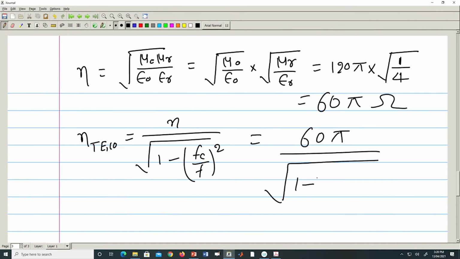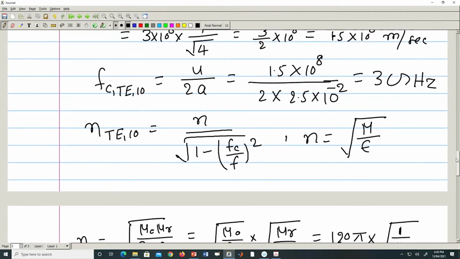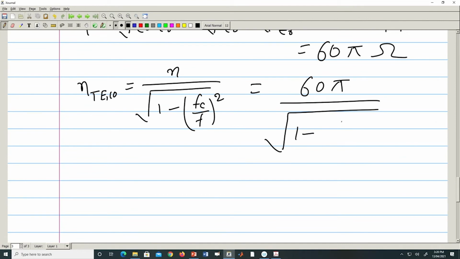So the answer is 60 pi divided by the square root of 1 minus 3 by 18. After calculation this will come to 188.5, that is the upper part, divided by 0.986, which comes to 191.17 ohm. So this is eta for the TE10 mode.